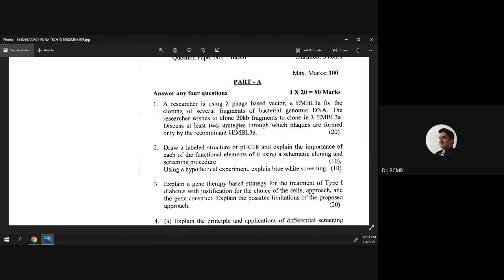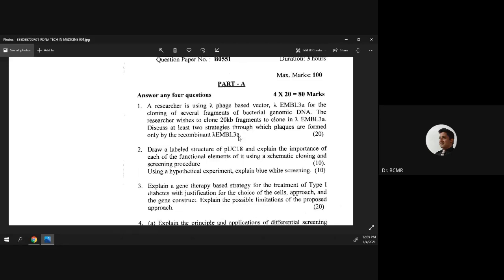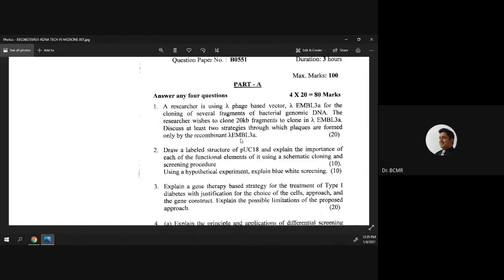The researcher wishes to clone 20 kb fragments in lambda EMBL3A. Discuss at least 2 strategies through which plaques are formed only by the recombinant EMBL3A. The question is general, but the second part of the question is actually highly specific.